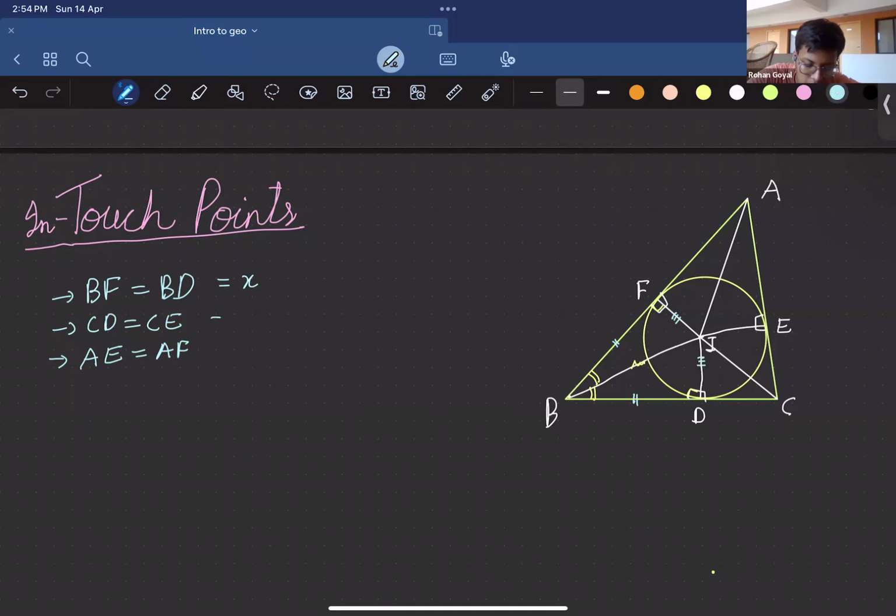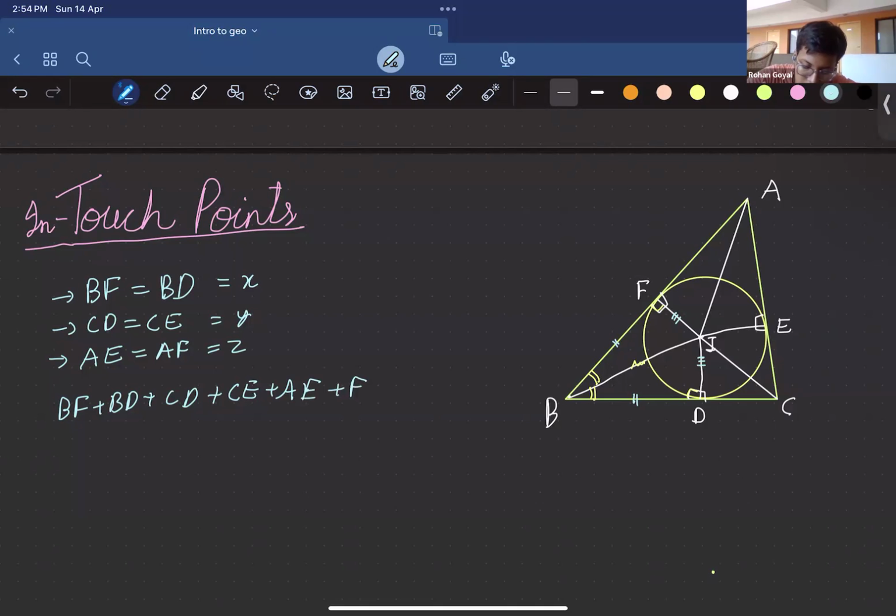So let's call these X, Y, and Z. Then we know that BF plus BD plus CD plus CE plus AE plus AF is equal to 2x plus 2y plus 2z.